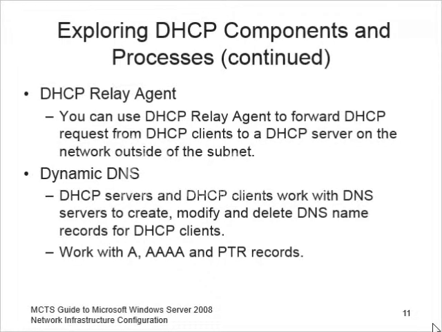The DHCP relay agent is then configured with the address of the DHCP server. The DHCP relay agent listens to the DHCP discover, request, and inform messages that are broadcast from the client.